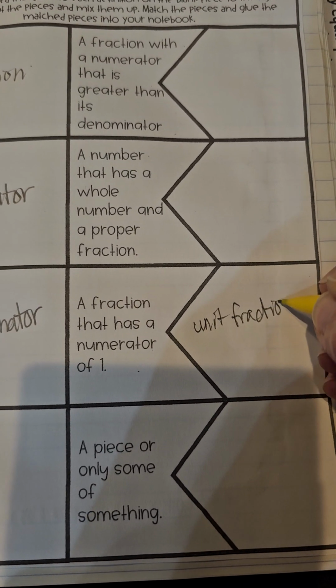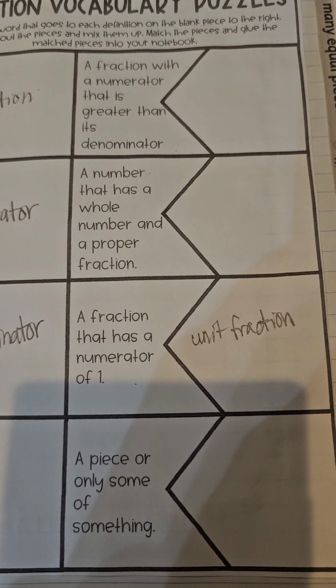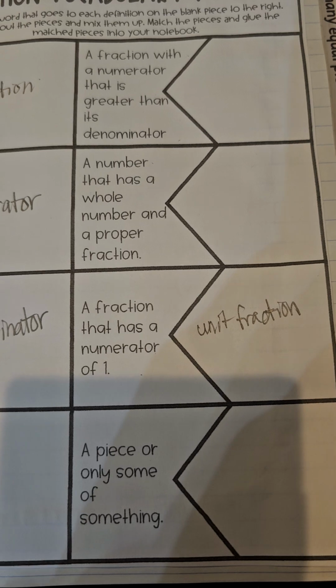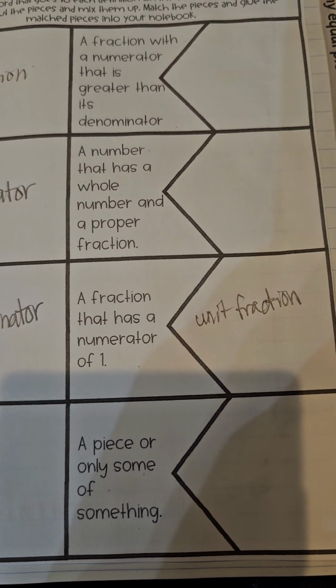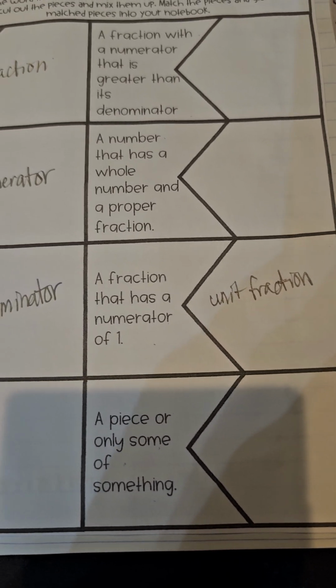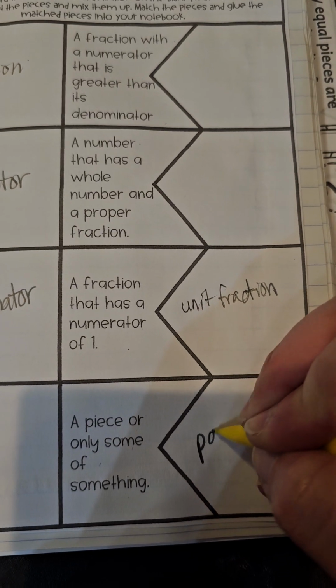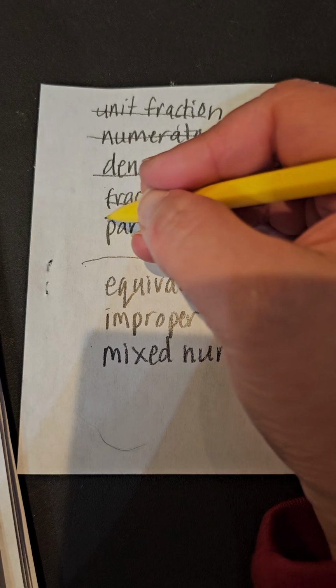That's the exact definition. And we practiced that on our exit slips. A piece or only some of something? Well, we cut our objects into pieces or group them into pieces, and those are called parts or part. So we've used all 5.